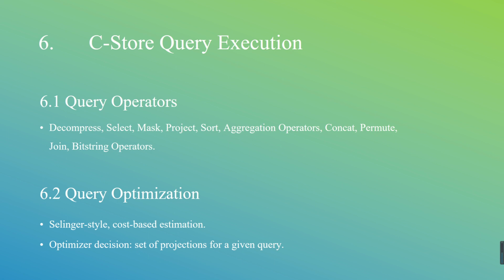The main difference is that the bitstring operators are based on bitmaps. As for query optimization, C-store uses a Selinger-style optimizer that uses cost-based estimation for plan construction, and the major optimizer decision is which set of projections to use for a given query. And let's now move to Tinty's part.